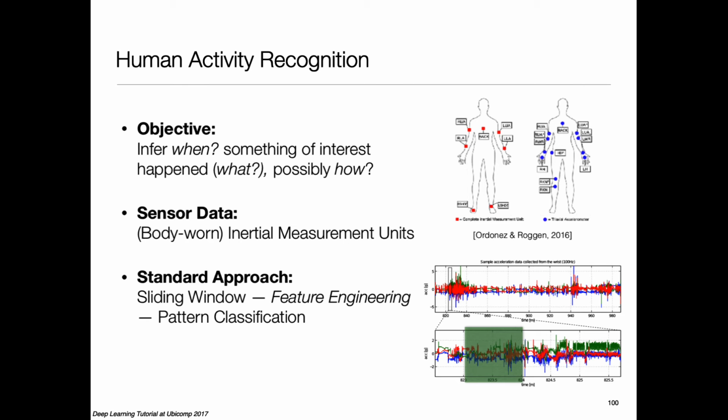But most typically when people talk about HAR, human activity recognition, they're really talking about IMUs, inertial measurement units. So the standard approach is we take our time series and create a sliding window of some form. Whenever you divide an infinite or semi-infinite time series into windows, two questions you have to ask: what is the length of the window, and what's the stride of the window?